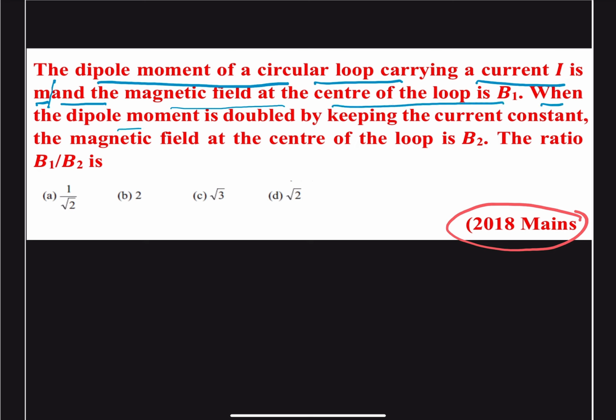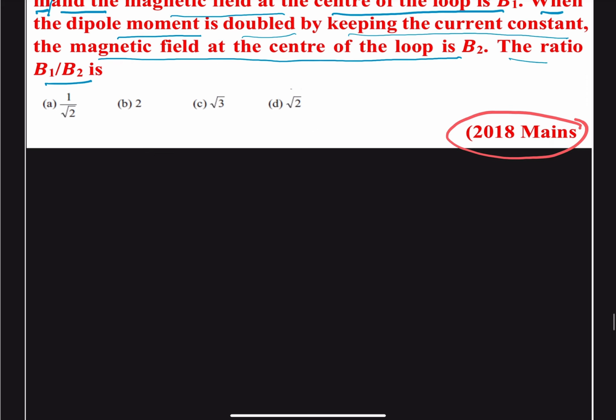When the dipole moment is doubled by keeping the current constant, the magnetic field at the center of the loop is B2. Then the ratio of B1 and B2 is. In this case, loop is given, current is kept same, and dipole moment is doubled. So we have to find out how the ratio of the magnetic field is going to change.